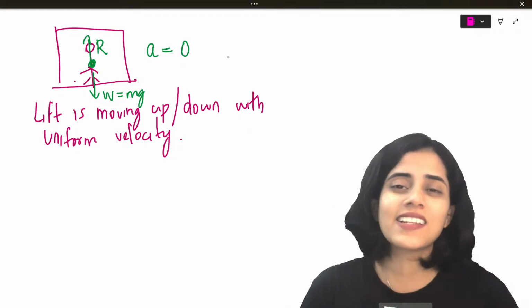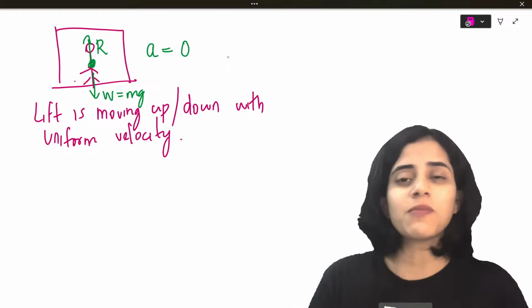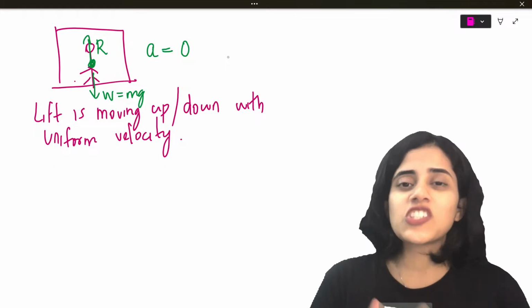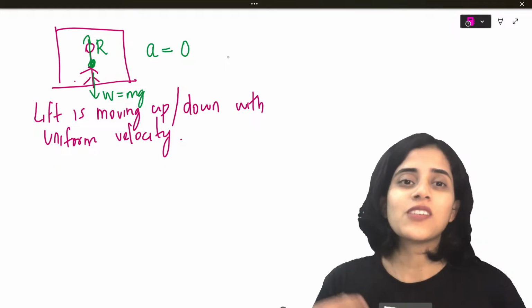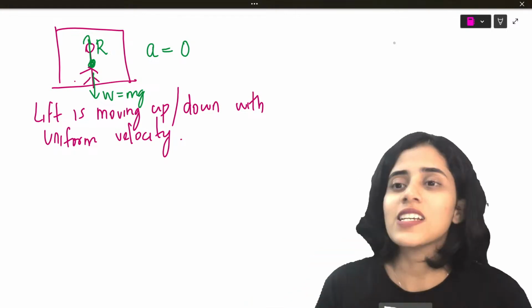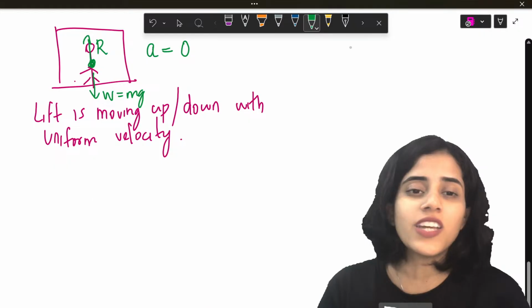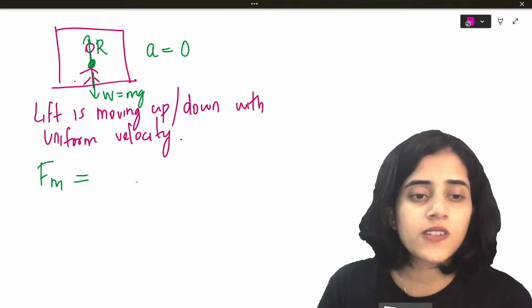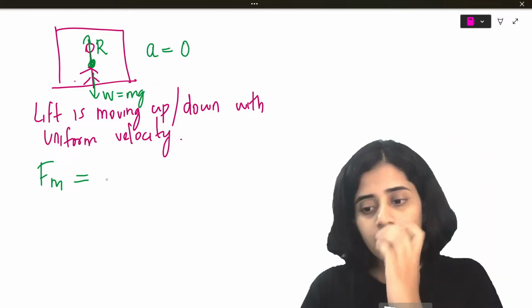Why is it 0? Because acceleration is change in velocity by time. Here is velocity changing? No. So the change in velocity is 0. The velocity is the same. So there is no change in velocity. So acceleration is 0. So now let's do the derivation. So first thing, as always, the net force. The net force is basically the difference between upward force and downward force.